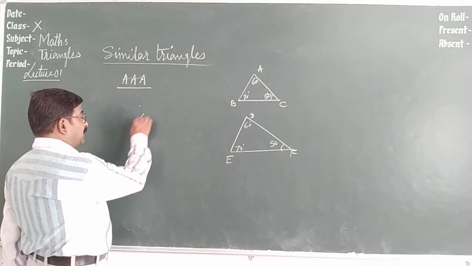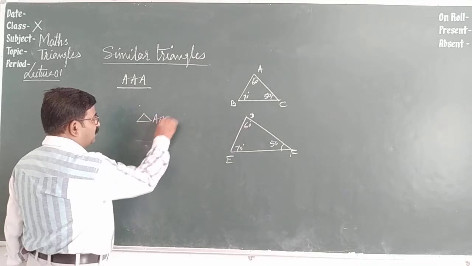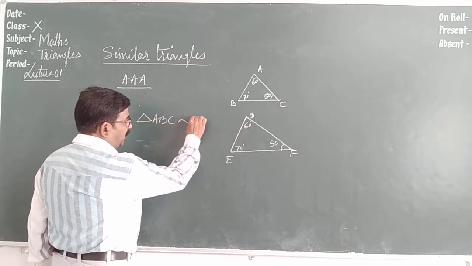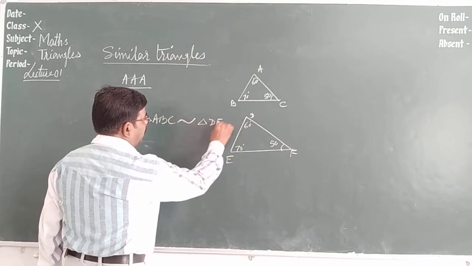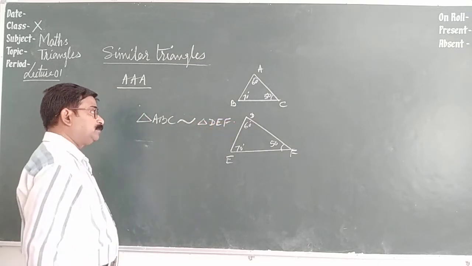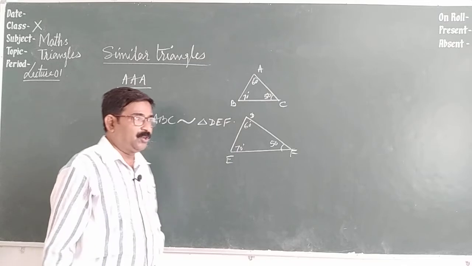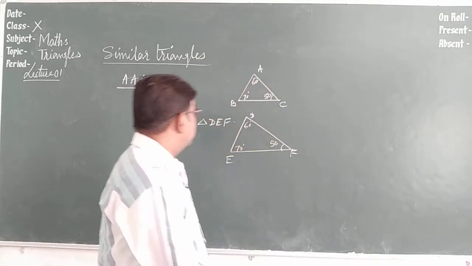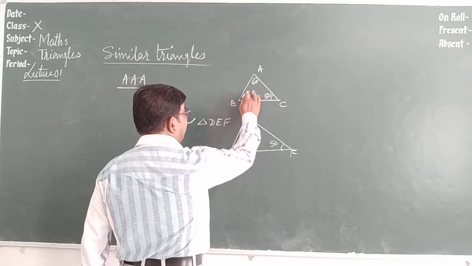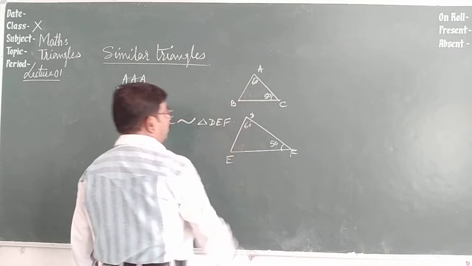So we write triangle ABC, with the symbol of similarity, similar to triangle DEF.